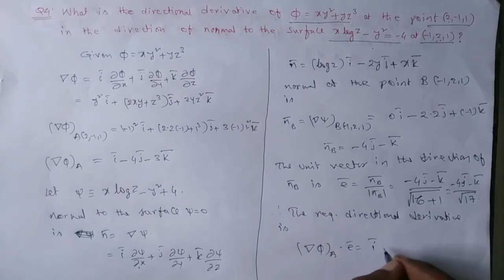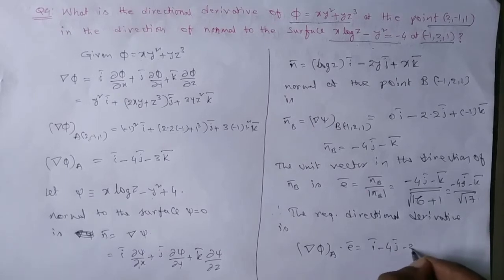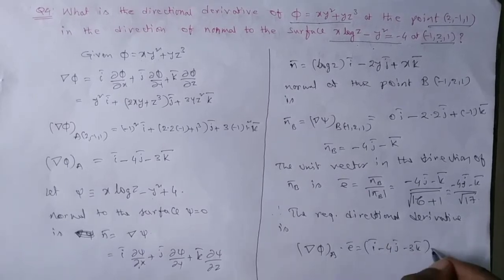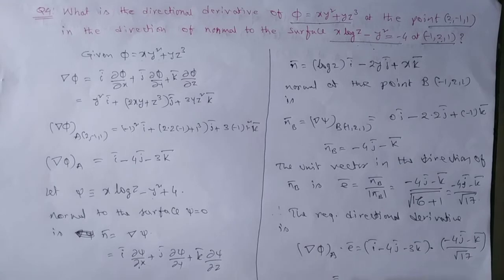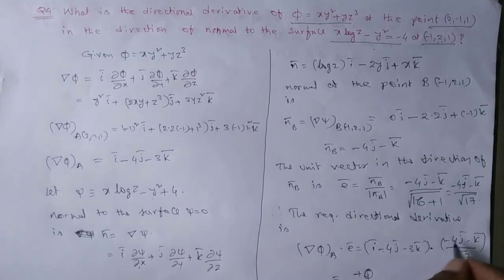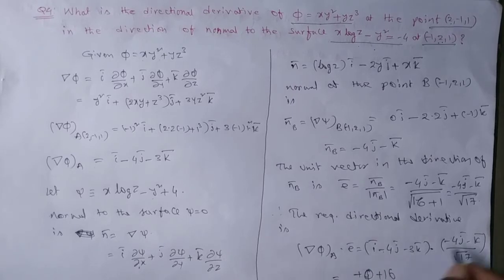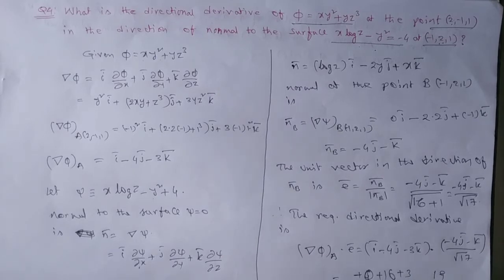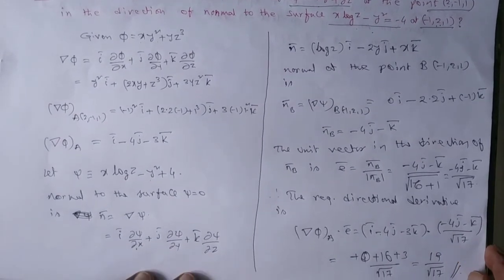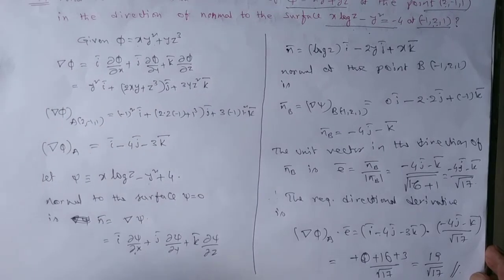That we can have i bar minus 4 j bar minus 3 k bar dot minus 4 j bar minus k bar by root 17, which we can have 0 minus 4 into minus, that is plus 16, and plus 3 by root 17, that is 19 by root 17. So this is the answer.